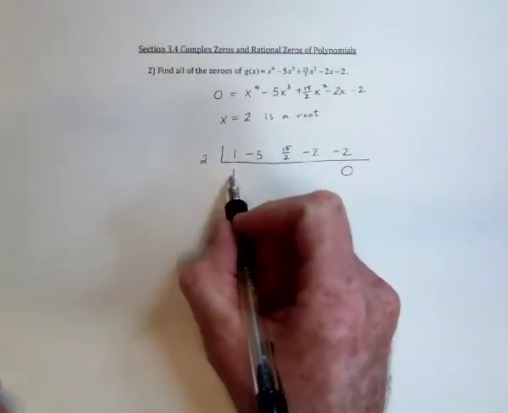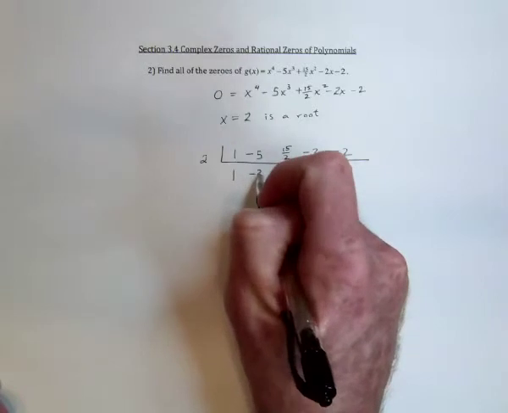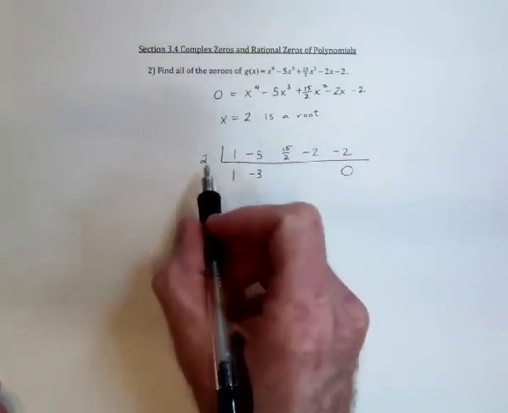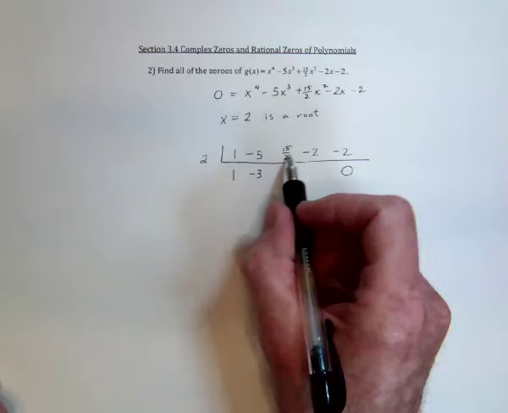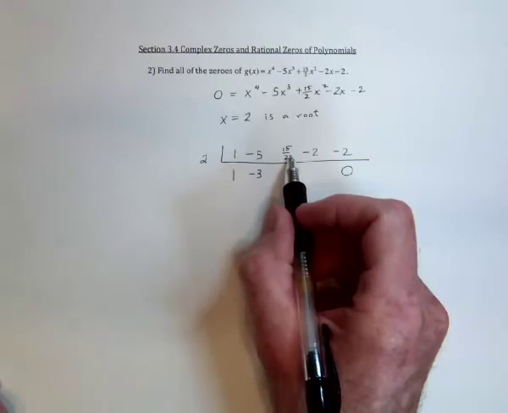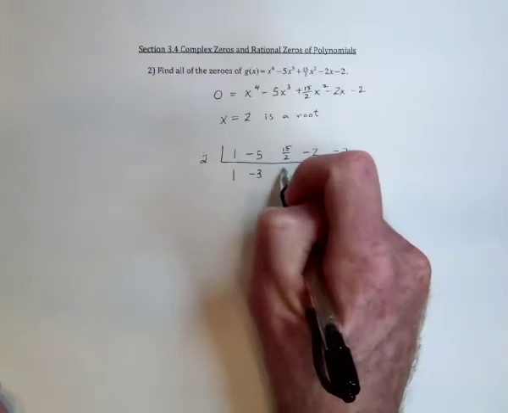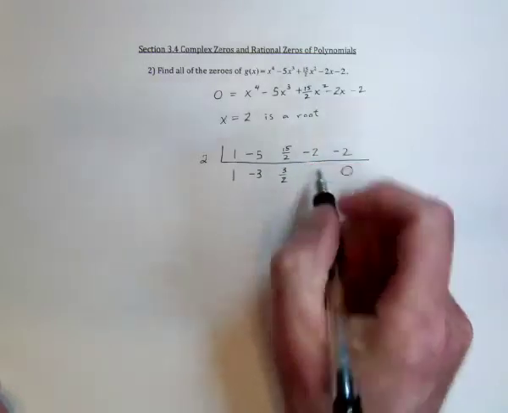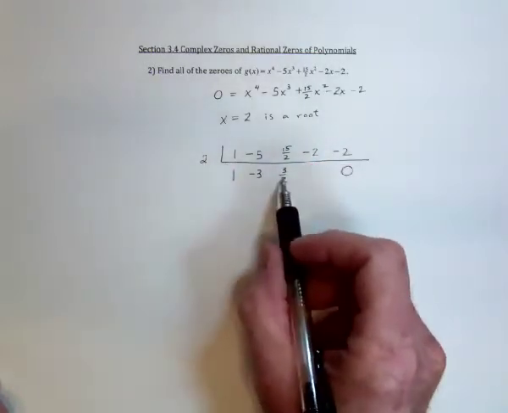So we've got a 2 added to a negative 5 is negative 3. We've got a negative 6 added to 7.5 is a 1.5, or 3 halves. Multiplying these two, the 2's are going to cancel, it's going to leave a positive 3.